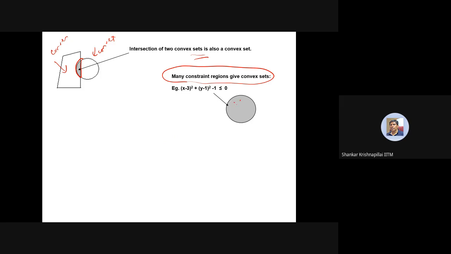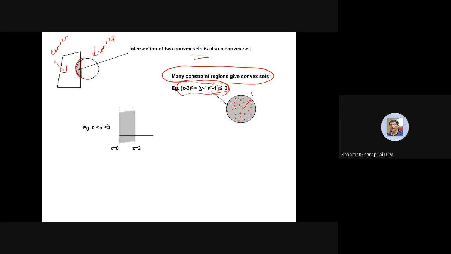For example, this constraint equation we saw in one of the worked examples. This means that the circle of radius 1, and this less than 0 means all the points whose radius is less than 1. So this is a convex set.